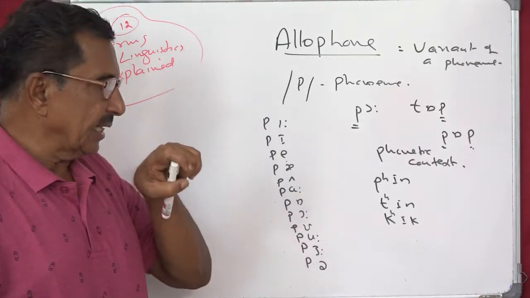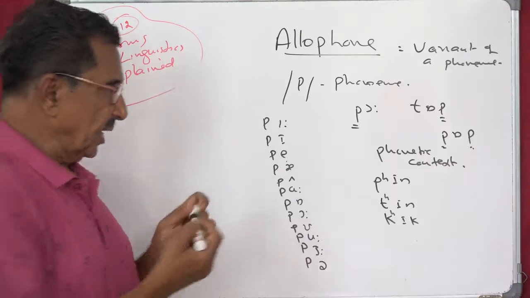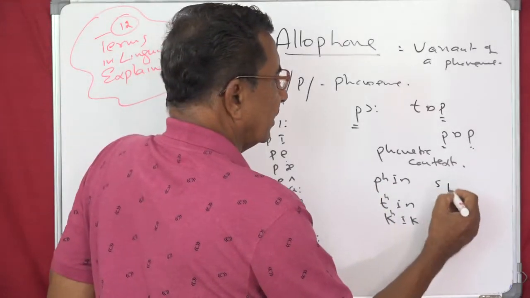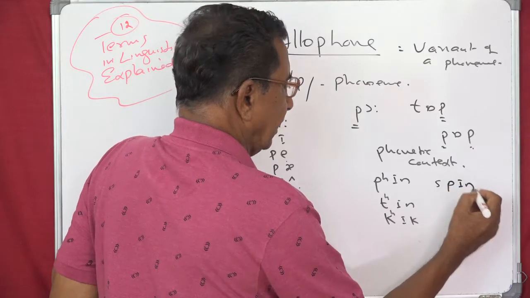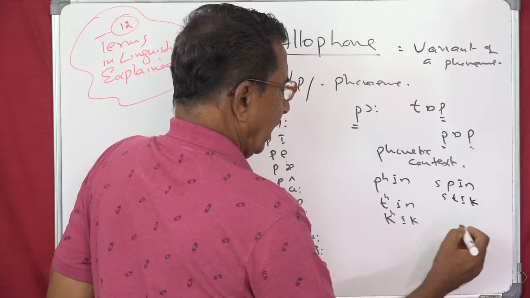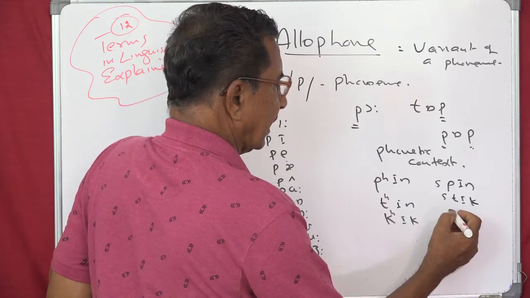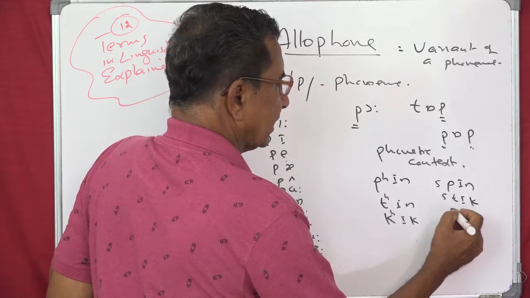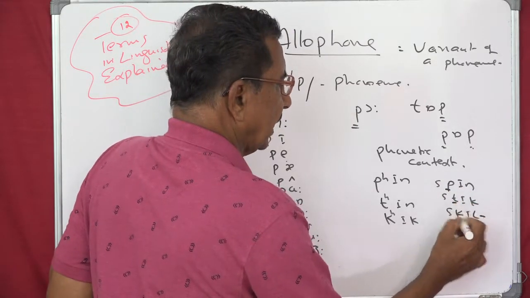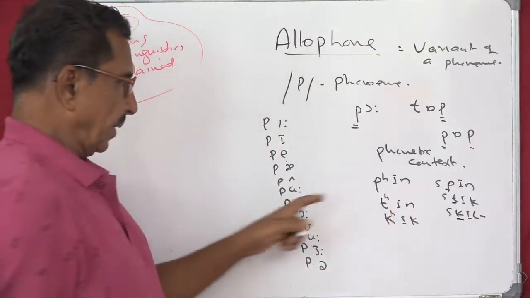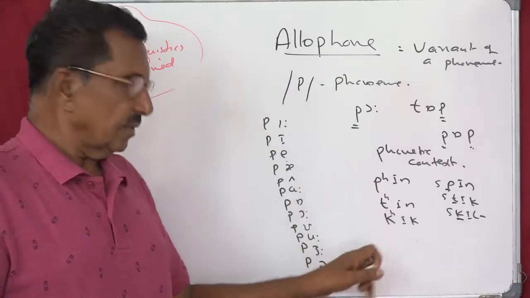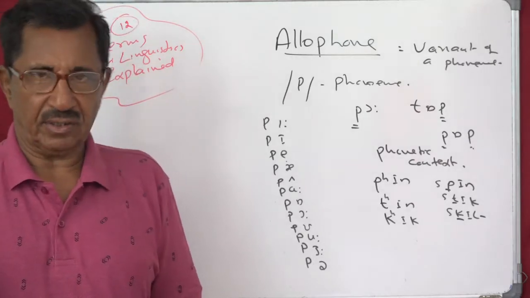Pin, tin, kick. But these will be different from the P in spin, in stick, and in skit. Since they occur in the initial position, again it is phonetic context.